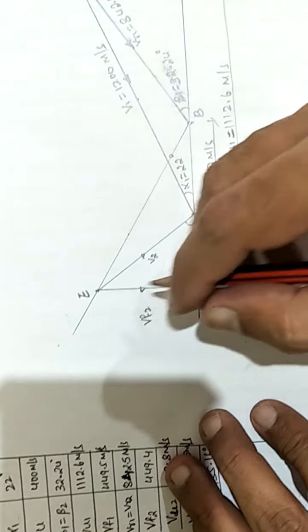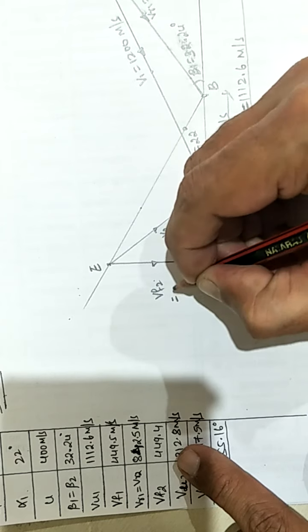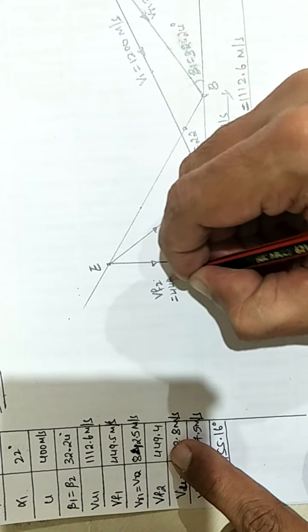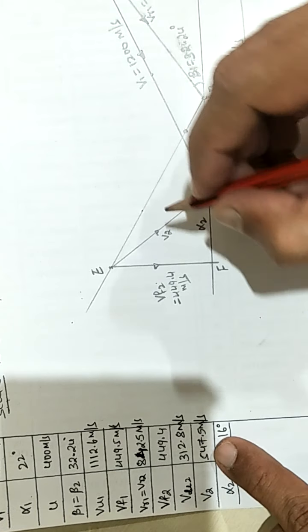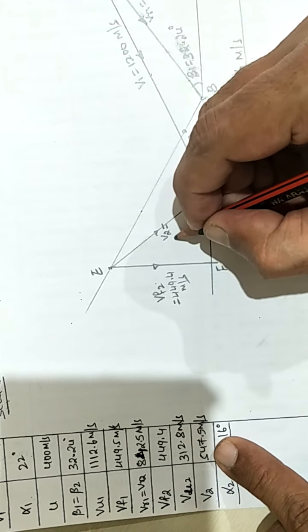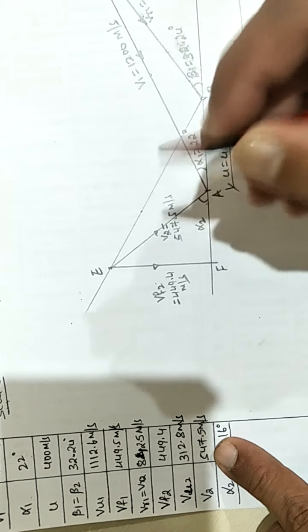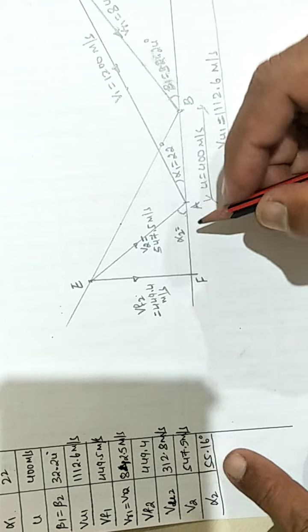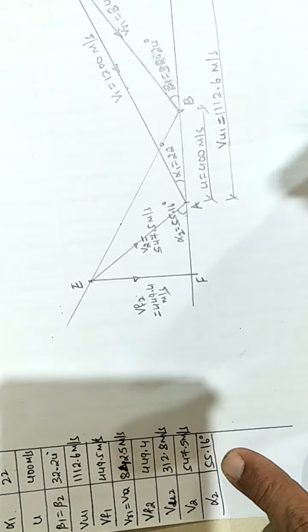Okay, now just substitute the values here. VF2 is equal to 449.4 meters per second, and V2 we have obtained is equal to 547.5 meters per second, and alpha 2 we have obtained is 50.16 degrees.